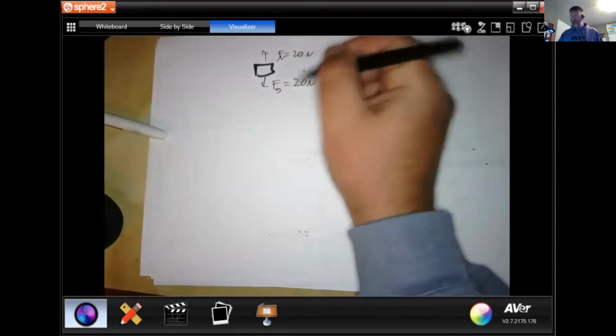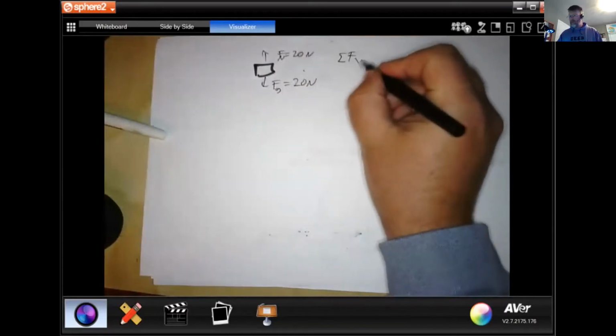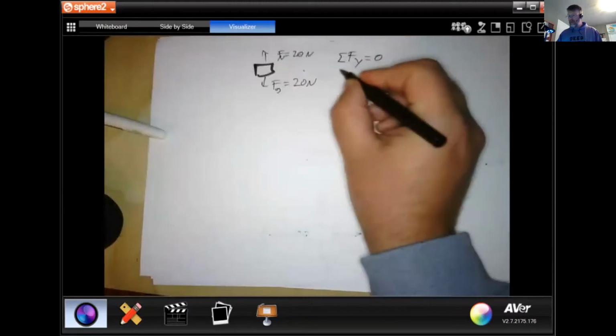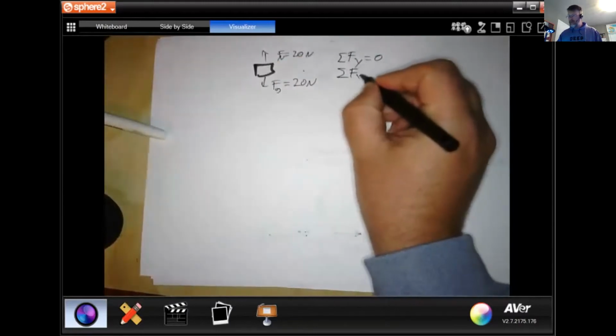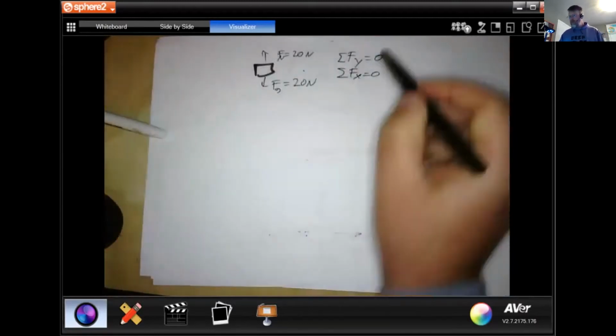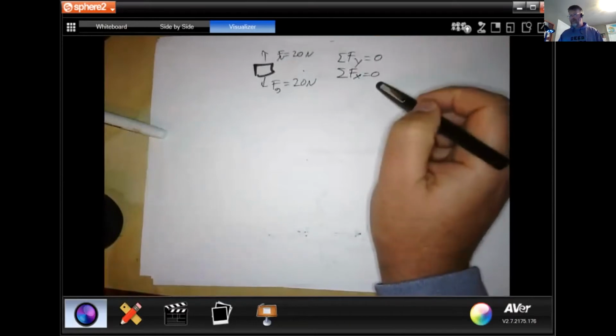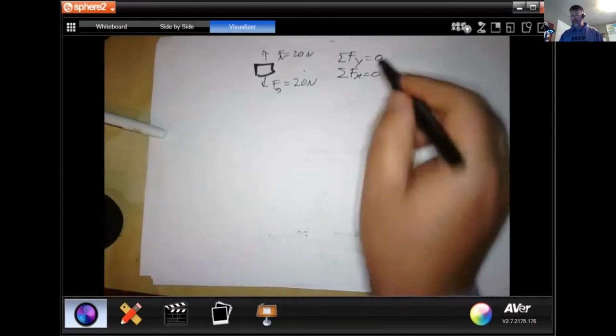So these two are equal. We know the sum of our forces in the y equals 0, and there's no forces in the x. That means an object in motion is going to remain in motion in a straight line. There's no outside forces.